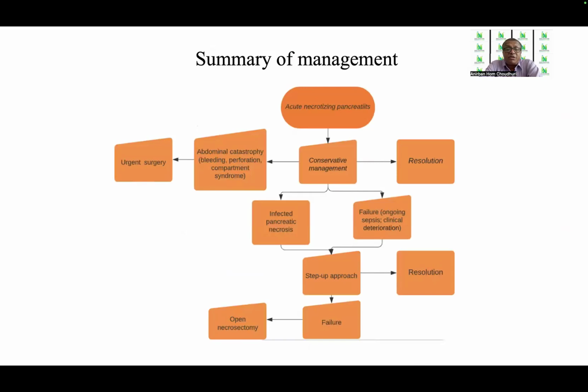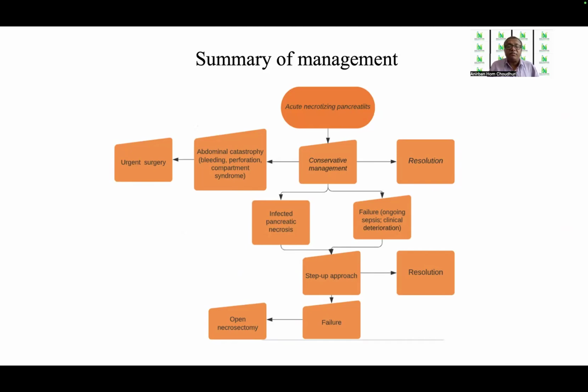So in the summary of management, if a patient comes with acute necrotizing pancreatitis and the diagnosis is confirmed, we first have to go for conservative management. After conservative management, the patient can have complete resolution of the pancreatitis. If during conservative management the patient develops any abdominal catastrophe in the form of bleeding, perforation, etc., the patient has to undergo urgent surgery.